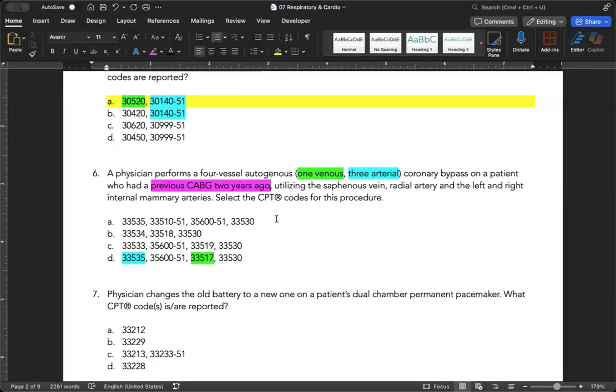So reoperation, coronary artery bypass, and that gives us 33530. And that's for a reoperation of a coronary artery bypass procedure or valve procedure, so either one, more than 1 month after the original operation. So that's our 33530.